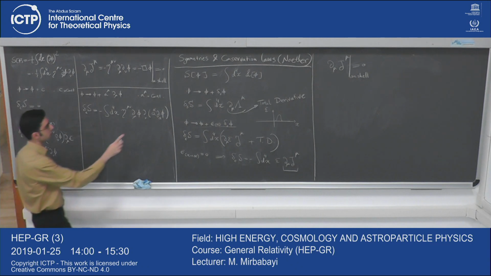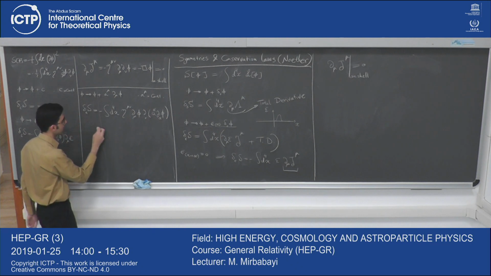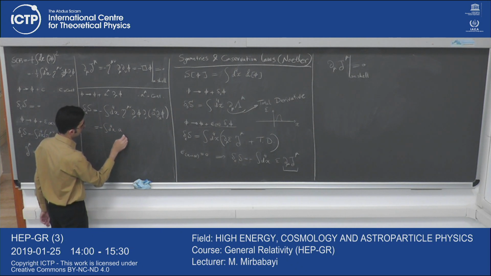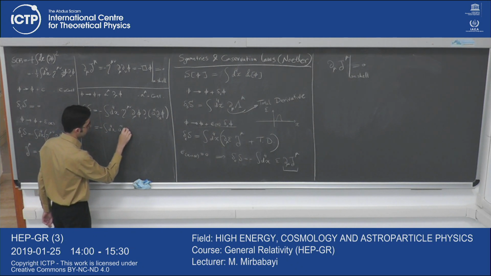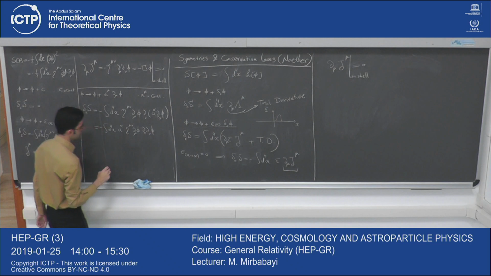Now since a is constant, I can take it out of the derivative. So this is equal to the integral d4x a alpha eta mu nu d mu phi d alpha d nu phi.